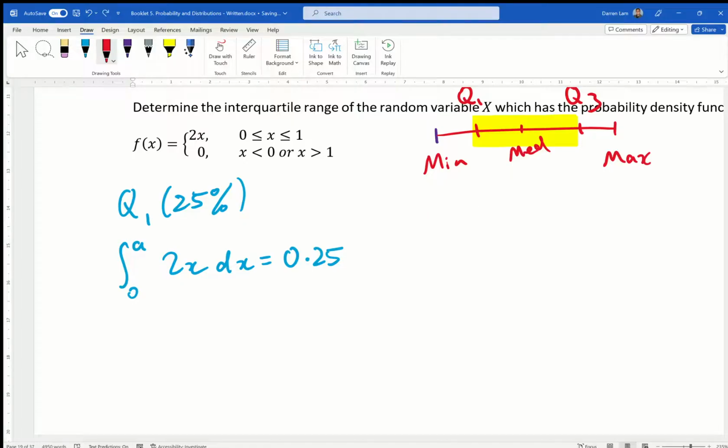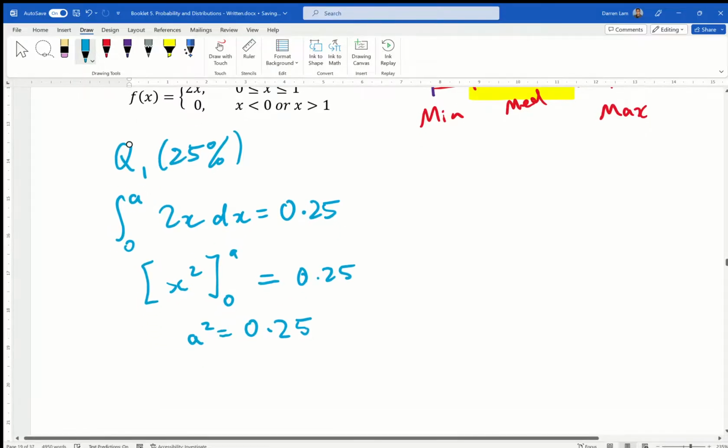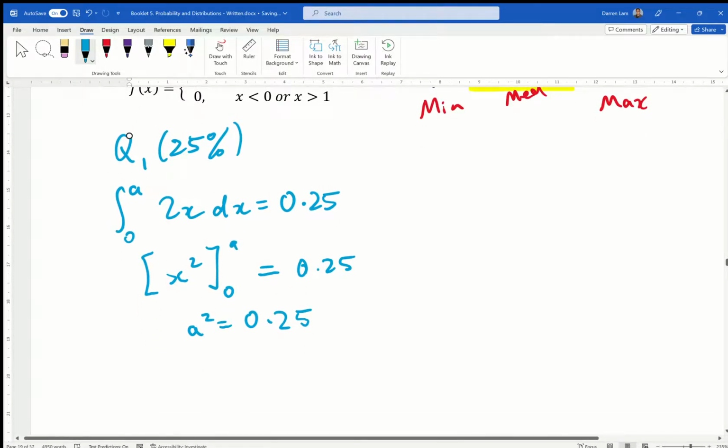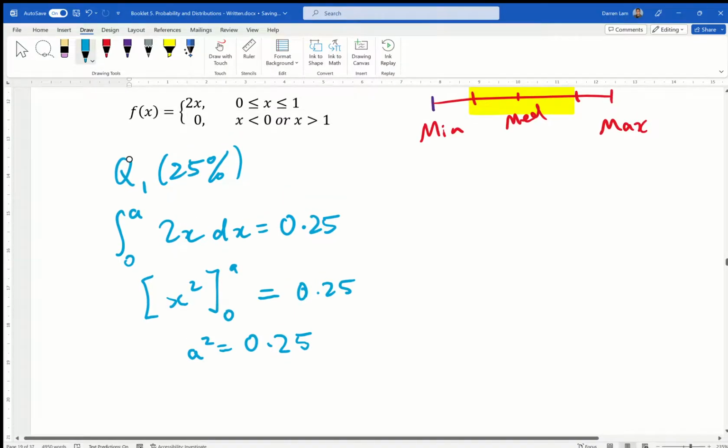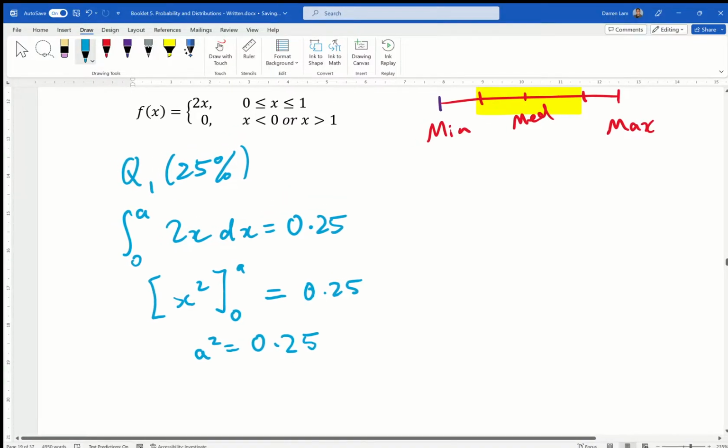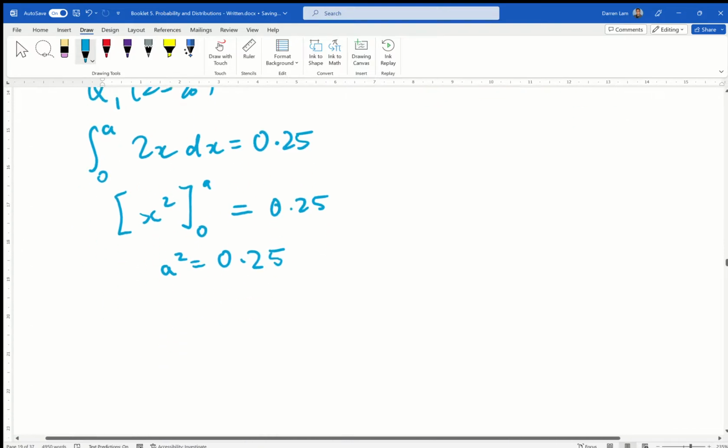So that becomes, when you integrate it, x squared from 0 to a of 0 equals 0.25, which means that a squared equals 0.25, and a can't be plus or minus square root of 0.25 because it has to go from 0 to 1. So I'm still going to write it out, and then I'll explain to the assessor that it can't be.